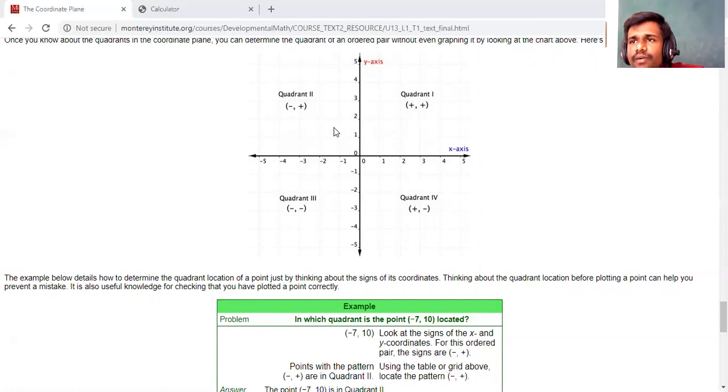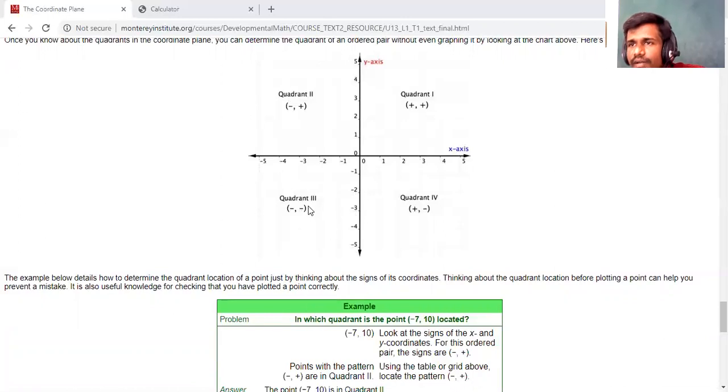In the second quadrant we have the negative x-axis and the positive y-axis, so the x values are negative and the y values are positive. In the third quadrant the values are negative and negative, because here it is the negative x-axis and negative y-axis.